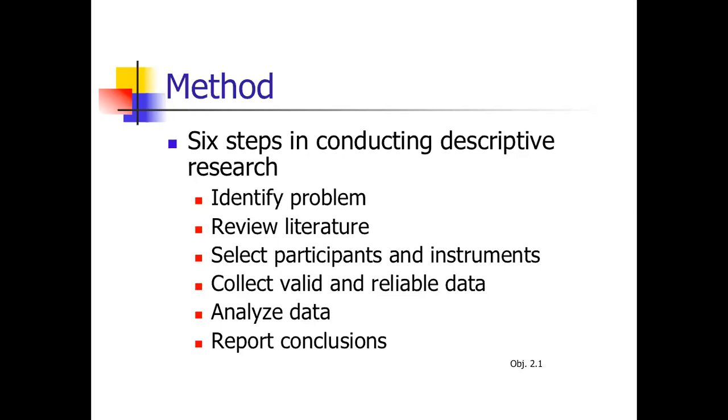First of all is identifying the problem, and then reviewing the literature, and then selecting the participants and developing instruments, collecting valid and reliable data, and then we analyze the data, and finally we report the result of the analysis as our conclusion or the answer to our problem. So basically, this is similar to the generic steps in scientific method.